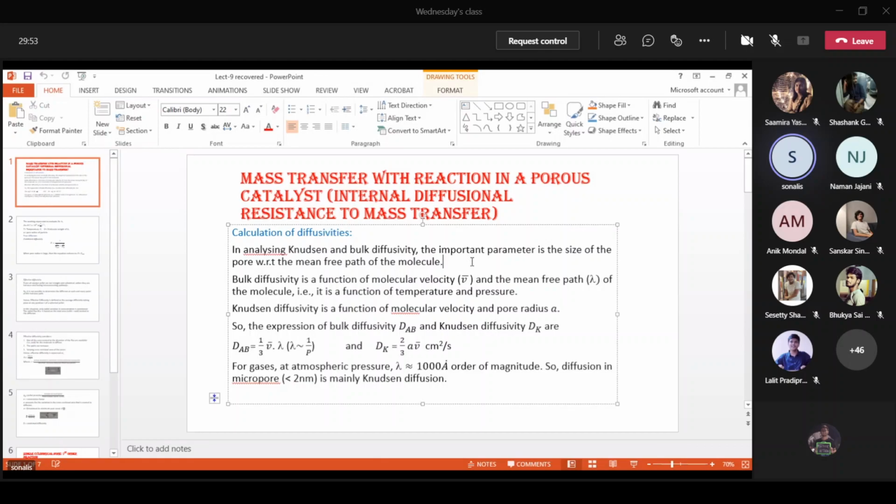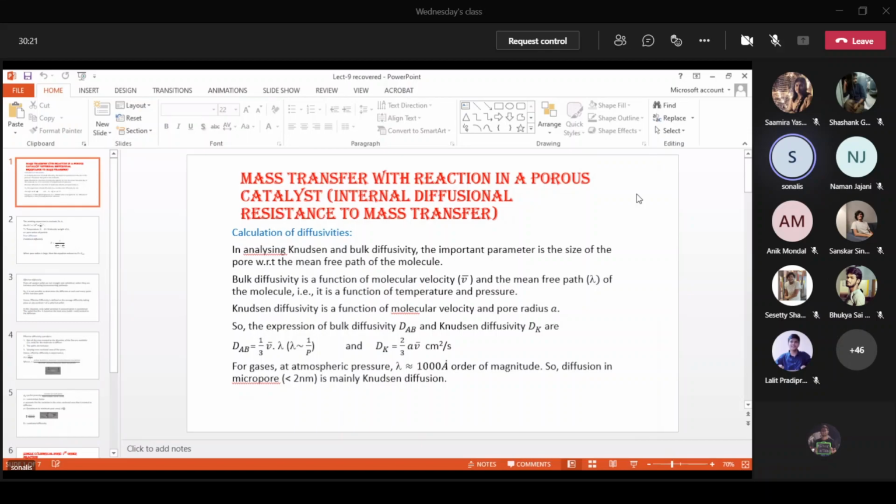Knudsen diffusivity is when we are talking about very small pore or capillary diffusion. Gas molecules are always moving from one place to another, which you have read in the kinetic theory of gases, due to Brownian motion.